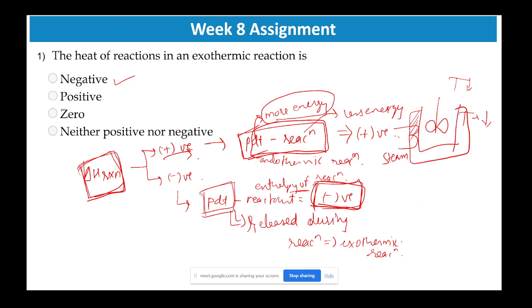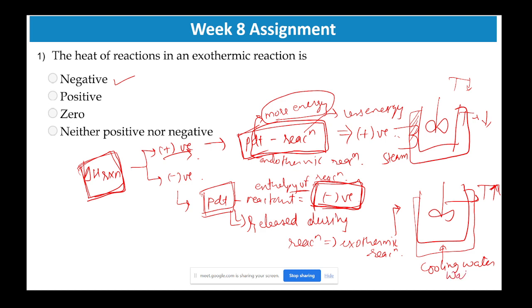Now if the reaction is exothermic, then as I said, the energy is released. So what does that imply? Since the product is consuming a lesser amount of energy, the temperature will tend to go upwards. As the temperature rises, it might not be feasible for the reaction. So you use a cooling water jacket, where you pass water so that heat is transferred from the reactor to the cooling water.